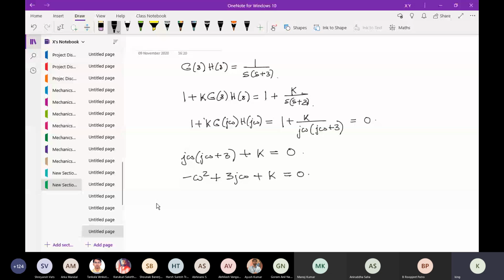But when we go for more complicated examples, then getting a solution is going to be pretty difficult.